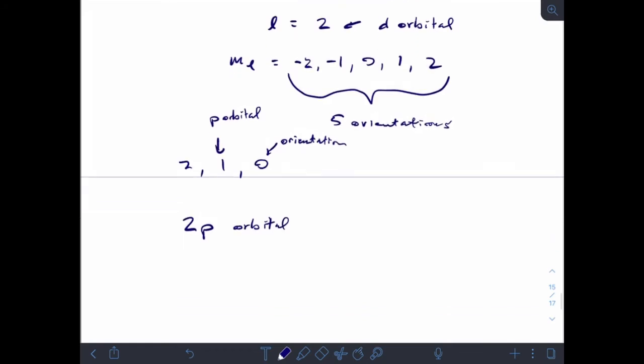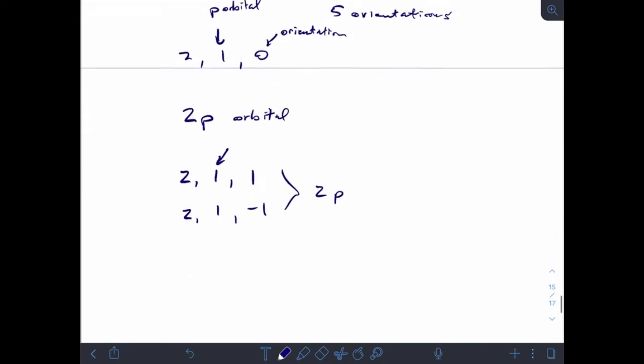All right, so I could also talk about a p orbital. I could say 2, 1, 1, or 2, 1, negative 1. Okay, these are all p orbitals. And I know it's a p orbital because of the L value of 1. Right?